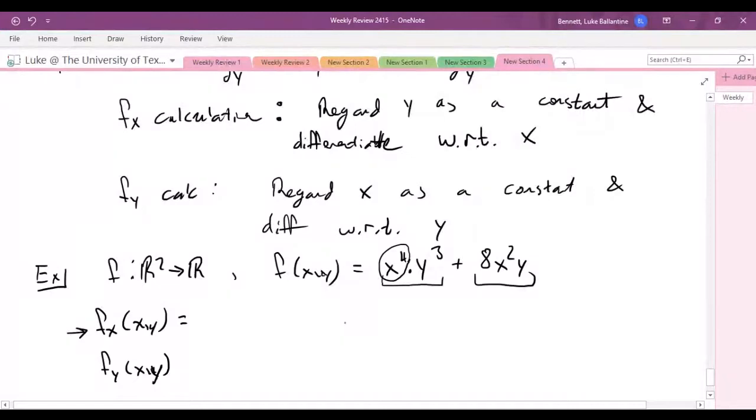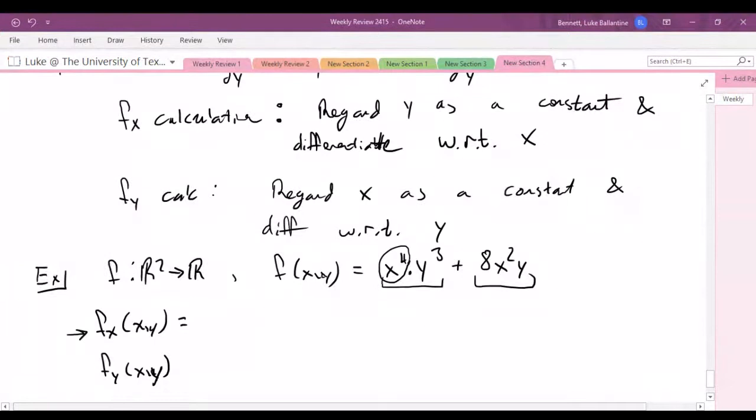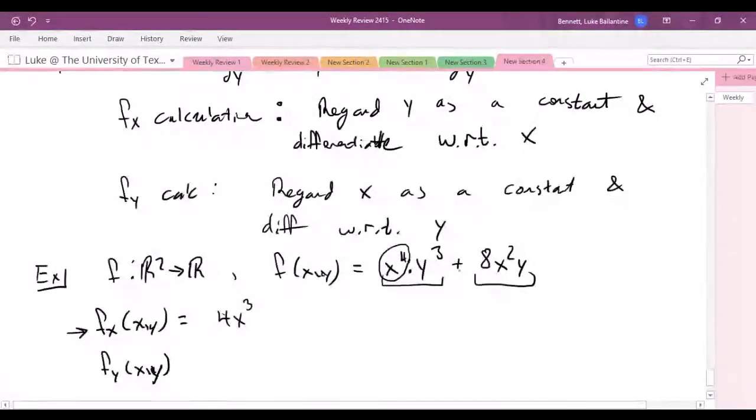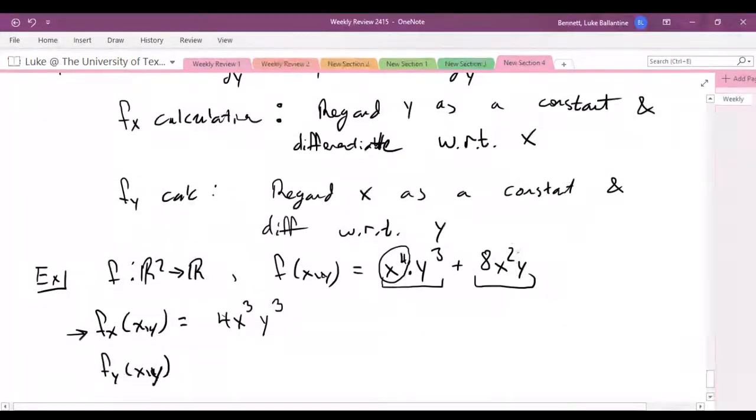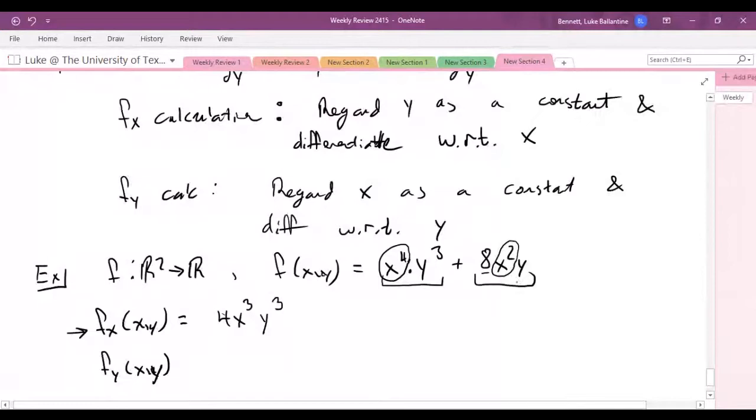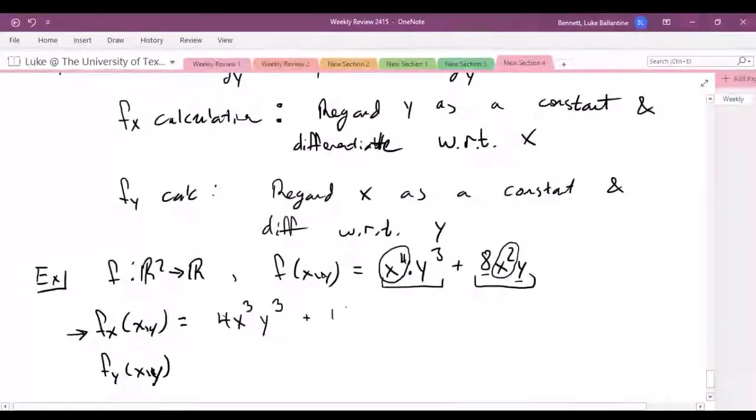Regular derivative. Yep, 4x cubed. We treat y as a constant multiple, so it just hangs on. And then for this term, we differentiate x squared, and we treat 8 obviously as a constant, but also the y as a constant. So we get plus 16xy.